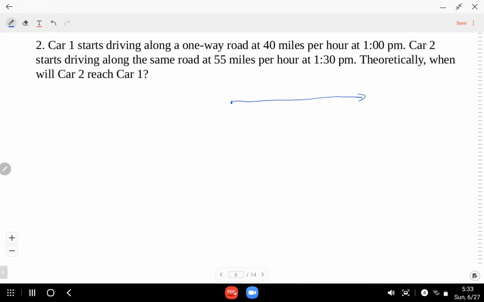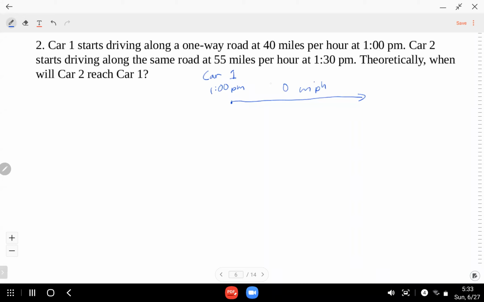All right, so you can start working. I'm just going to draw a quick diagram for you. So car 1 starts here at 1 p.m. Okay, car 1. Okay, and that's going at 40 miles per hour. Okay, and my pen is acting up again.